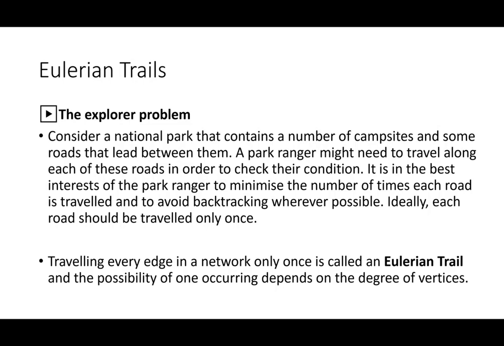Ideally, each road should be traveled only once. So traveling every edge in a network only once is called an Eulerian trail. And the possibility of one occurring depends on the degree of the vertices.